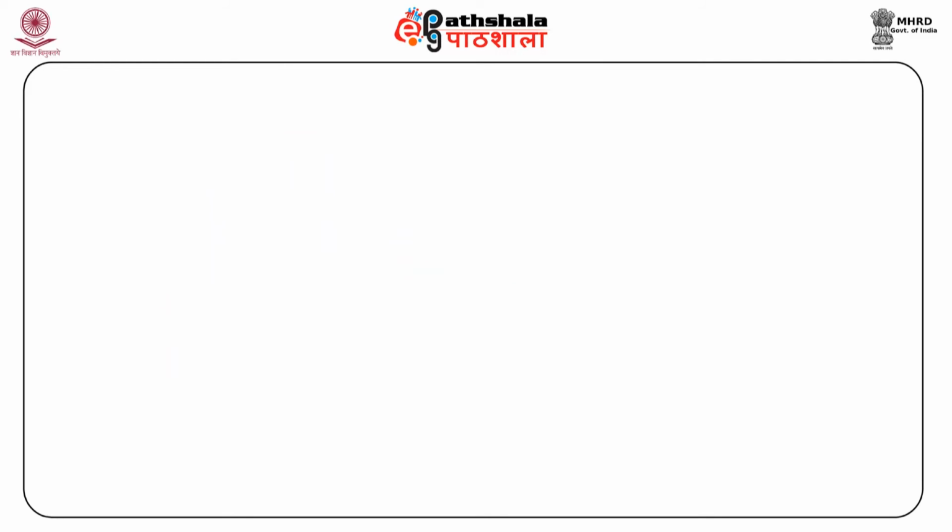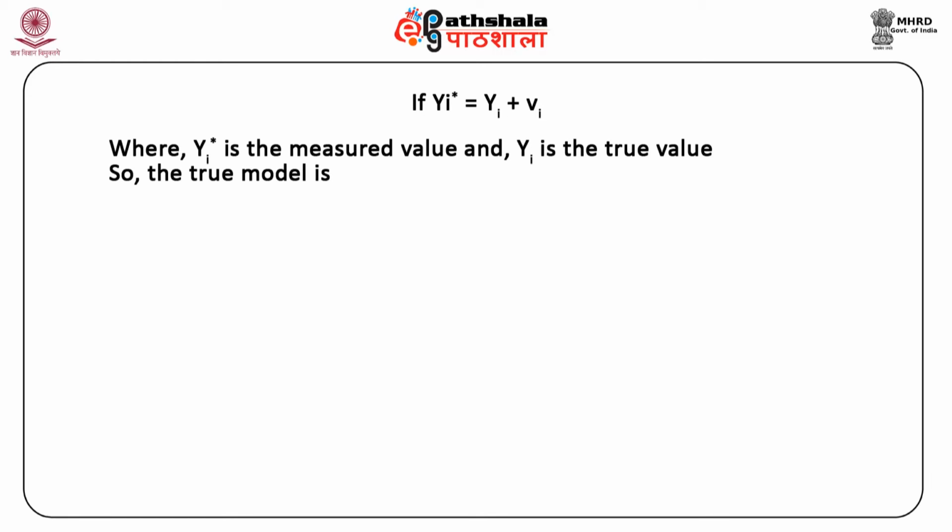Continuing with the above discussion, if y_i* = y_i + v_i, where y_i* is the measured value and y_i is the true value, so the true model is y_i = β1 + β2 x_{2i} + ... + βk x_{ki} + u_i.